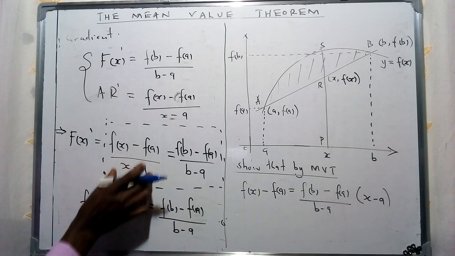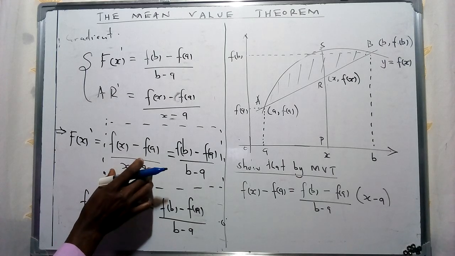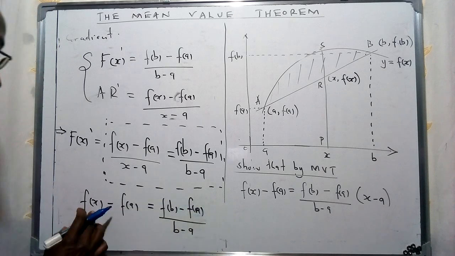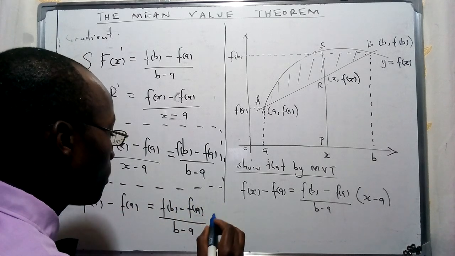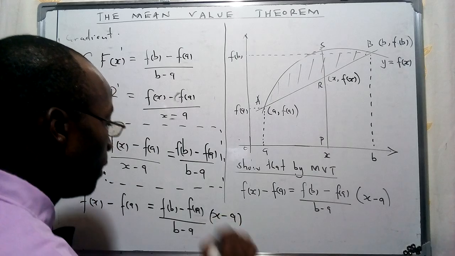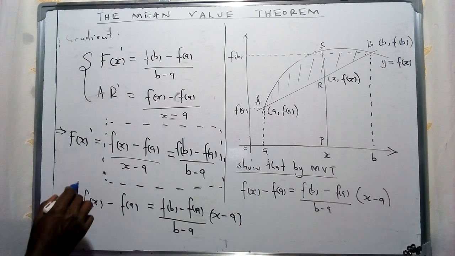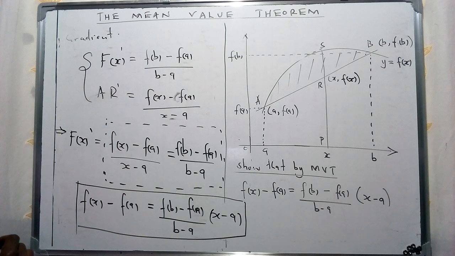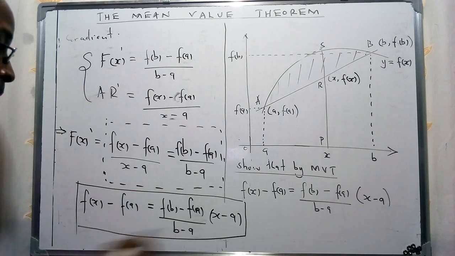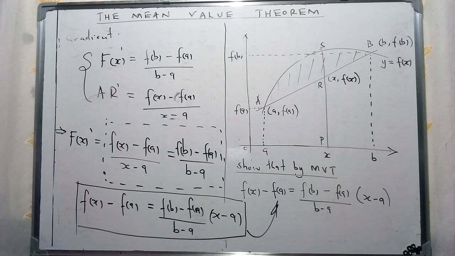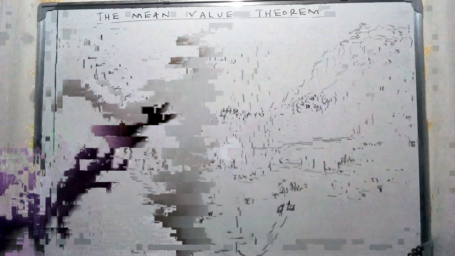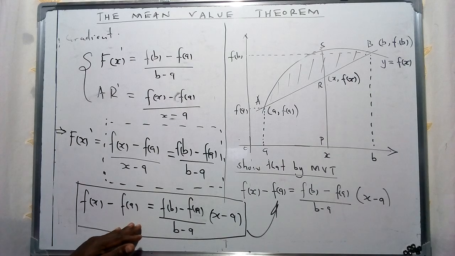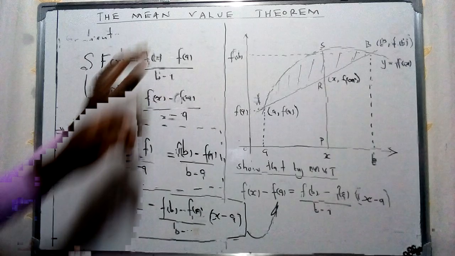We can multiply on both sides by x minus a so that we remain with f(x) minus f(a). This gives us the relationship between these points which we have defined, and basically this is going to hold for the mean value theorem.